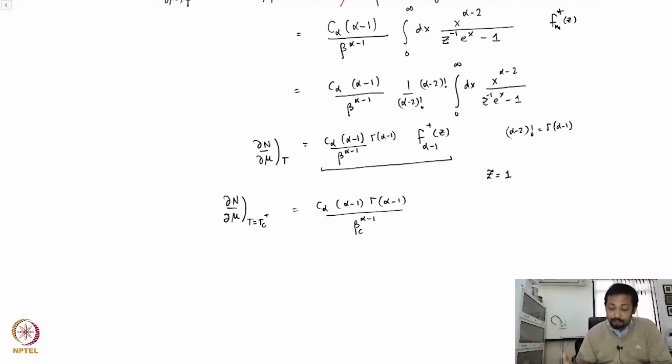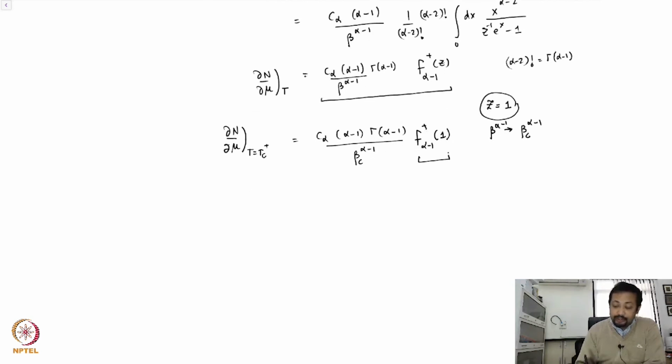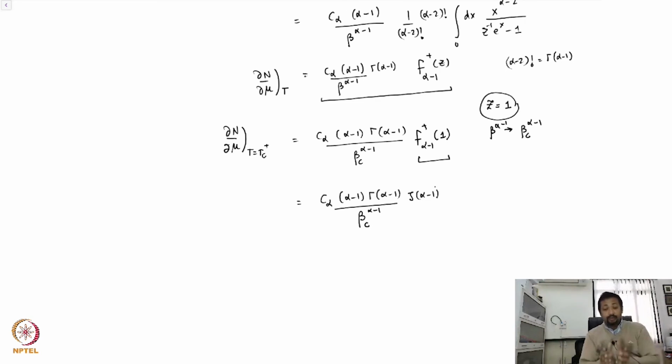So I made two substitutions: z equal to 1, and beta to the power alpha minus 1 goes to beta c raised to the power alpha minus 1, and this becomes zeta of alpha minus 1. So this function is now C alpha alpha minus 1 gamma of alpha minus 1 divided by beta c of alpha minus 1 times zeta of alpha minus 1. Of course, we are considering alpha minus 1 greater than 1.